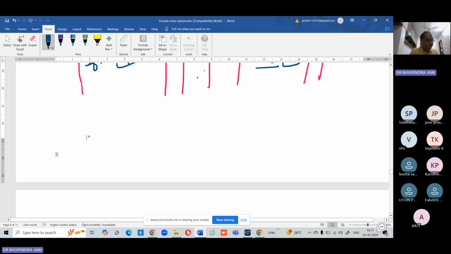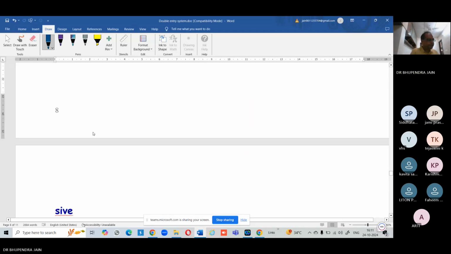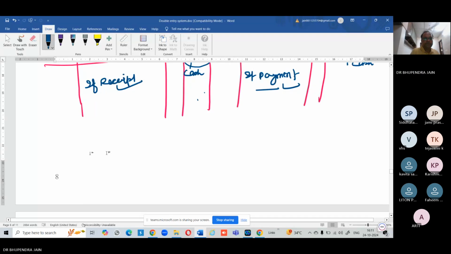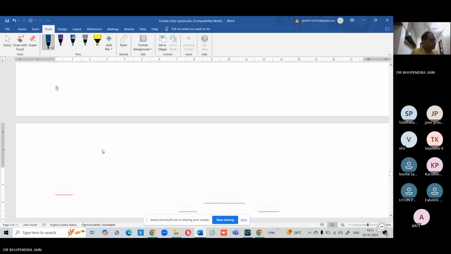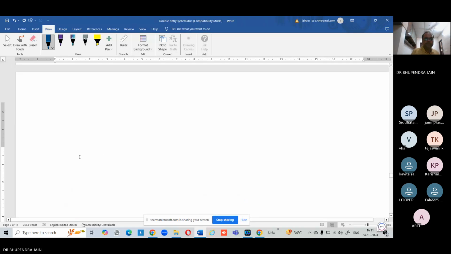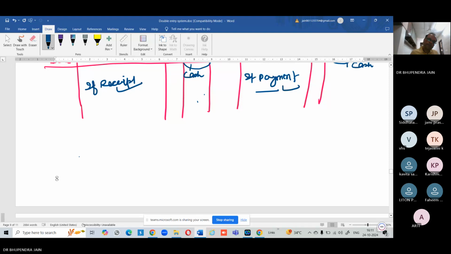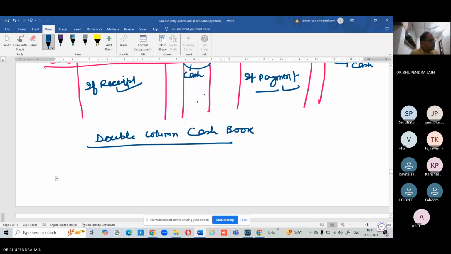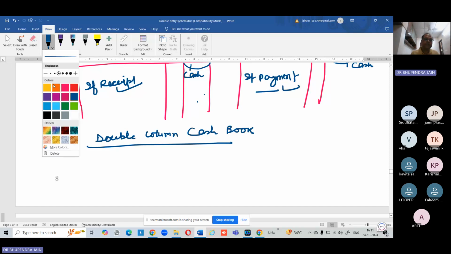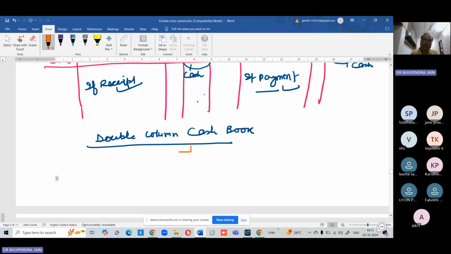double column cash book. The double column cash book means a book that has double column.